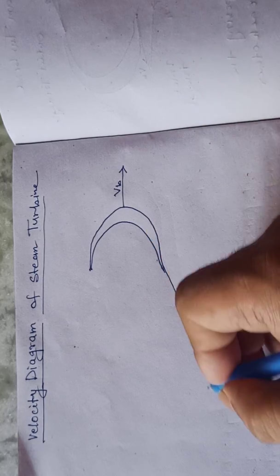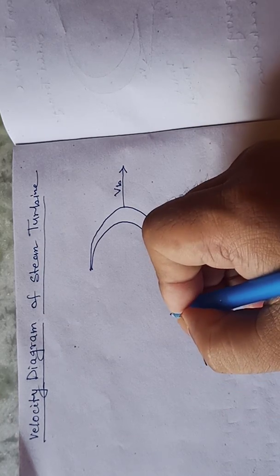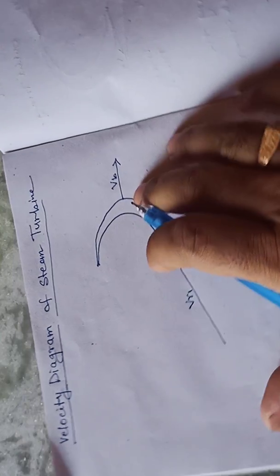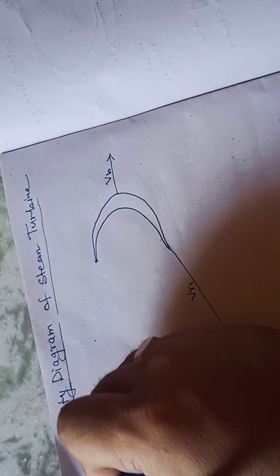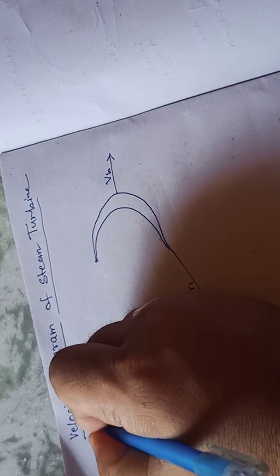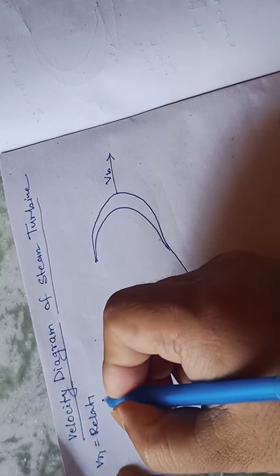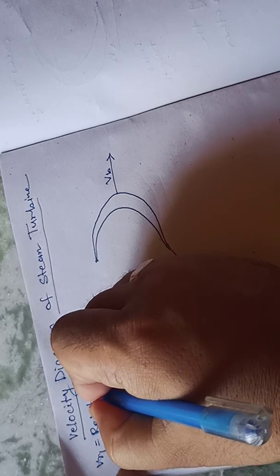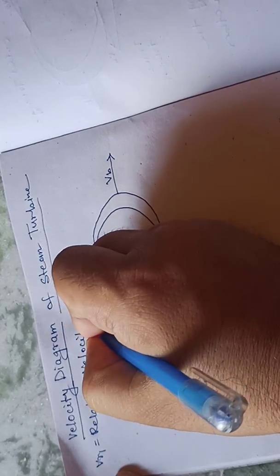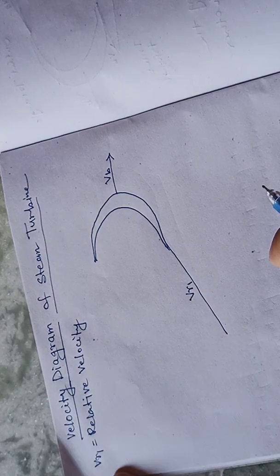This relative velocity is represented by Vr1. This Vr1 is the relative velocity at inlet.